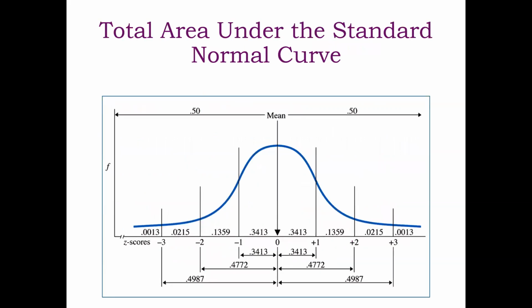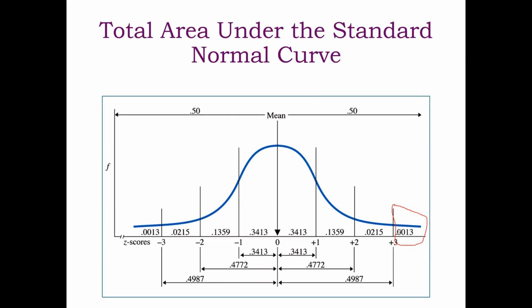So let's have a look at that. For example, right here, we can see, as we've talked about many times, that the proportion of scores that are going to be greater than 3 standard deviations from the mean is very, very small, 0.0013. Okay, that's the proportion. So the probability of any score being greater than 3 standard deviations from the mean is 0.0013.